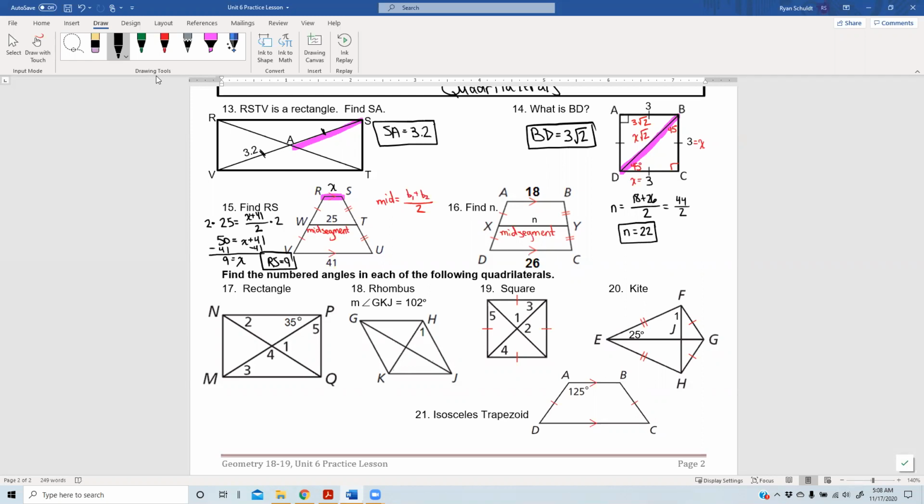Okay, next one. So for the last 5, we have to find the numbered angles on each of these quadrilaterals. So remember what I said when we started solving these. Let's just find all the angles, then go back and we can pick out the numbered ones. They tell me this one's 35 by P. Well, I know that's 35. This is 35. And this one's 35.